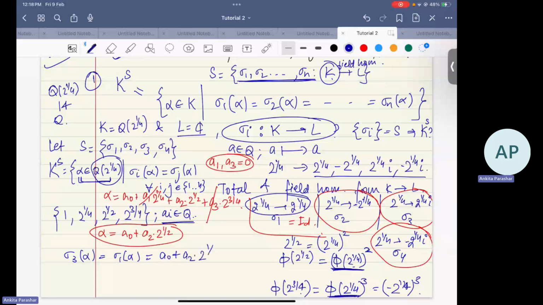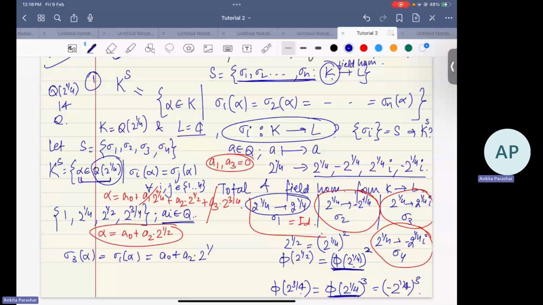Sigma 2 of alpha will map A0 to A0, A1 2 power 1 by 4 to minus A1 2 power 1 by 4, and where will A2 2 power 1 by 2 go? Notice 2 power 1 by 2 is 2 power 1 by 4 whole squared. Under sigma 2, minus 2 power 1 by 4 whole squared is the same as 2 power 1 by 2. So 2 power 1 by 2 is constant under sigma 2.